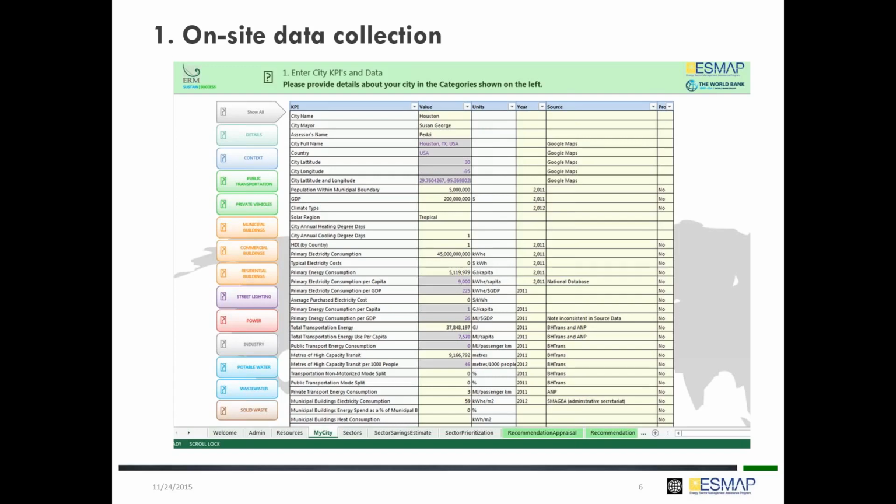And the deployment of TRACE starts usually with visiting the cities to inform about the process and data requirements, and information collected during those visits form the basis for the city background report, which is basically a first report that informs the progress of the diagnostics.